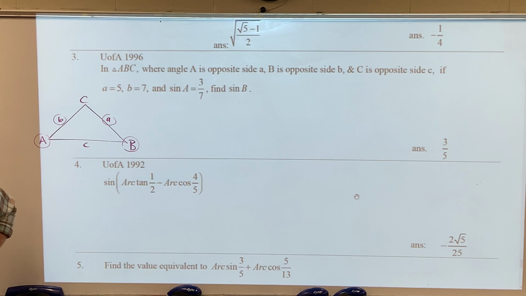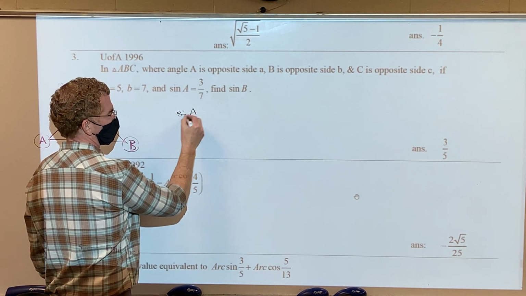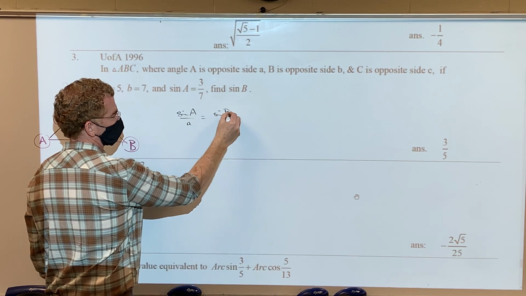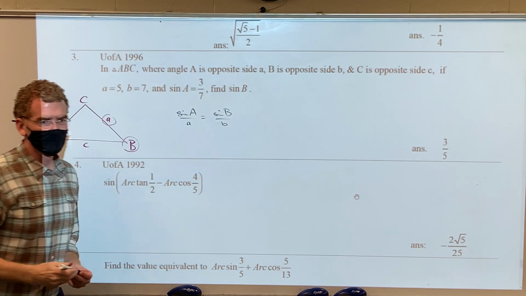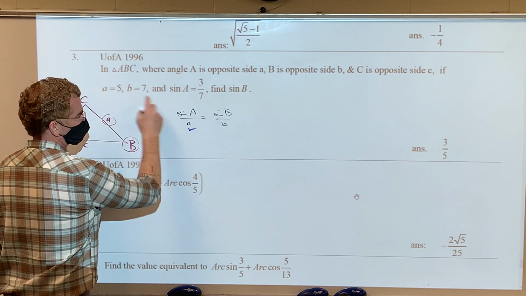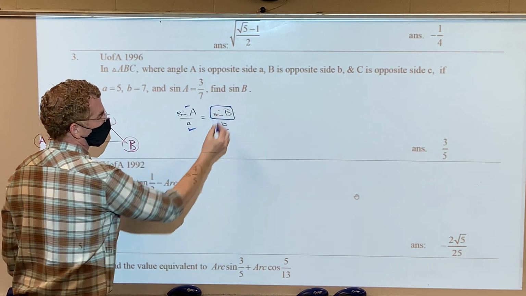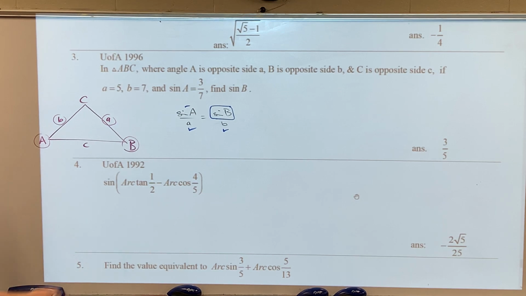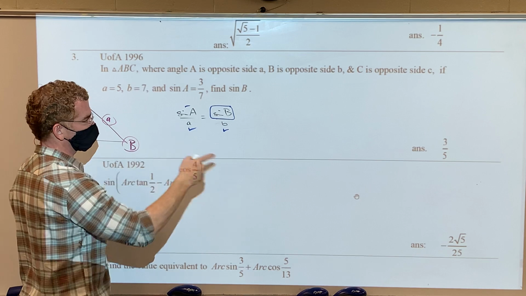What did the law of sines say? Sine of A over A equals sine of B over B equals sine of C over C. What do you know right here? You know everything you need, don't you? There's your A, there's your B, there's your sine of A, and I need to find the sine of B, so I don't even have to solve for B. I literally just plug in 5, 7, 3/7, multiply by the B, and I'm done.